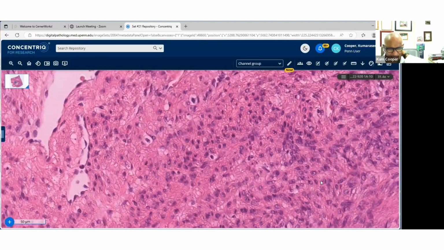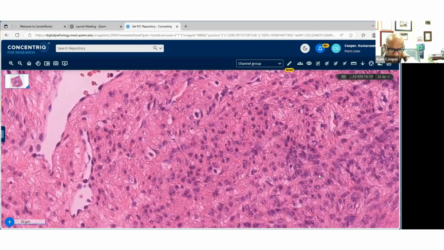When you think of that, you would define a PEComa as being myomelanocytic, and it has to have that biphenotypic profile. So you want myoid markers. We got the SMA and some patchy desmin, and of course the melanocytic markers were positive as well.